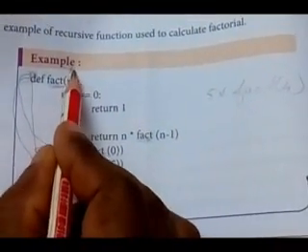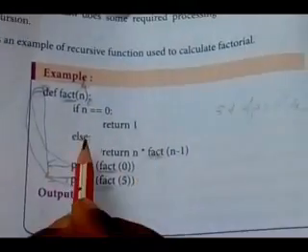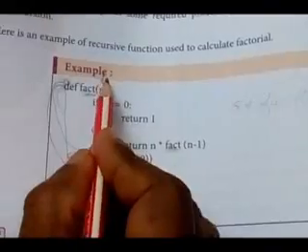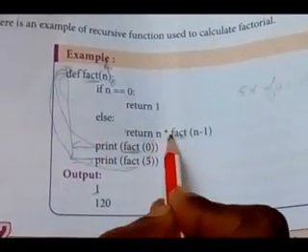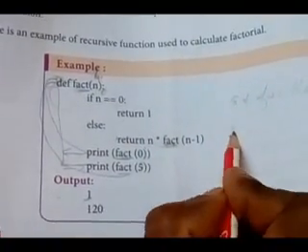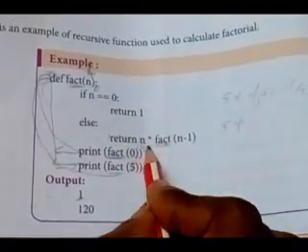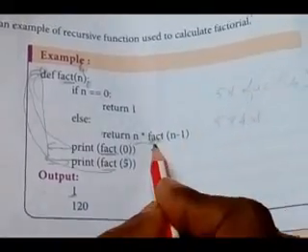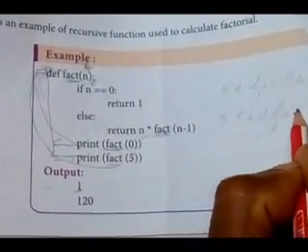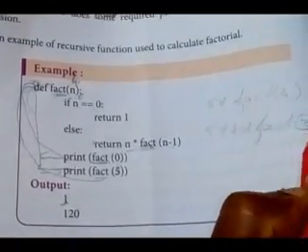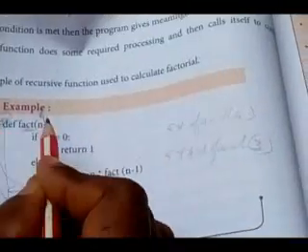N value is now 4. The same function is being called here. Then n equal to 0, no, so the else part comes again. N into, already what is there? 5 into, then now what is n? 4. 4 into fact of n minus 1. N minus 1 means fact of 3. Now n value is 3. Again it goes here.